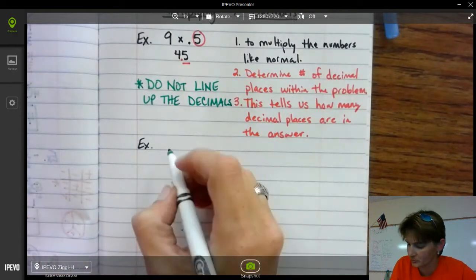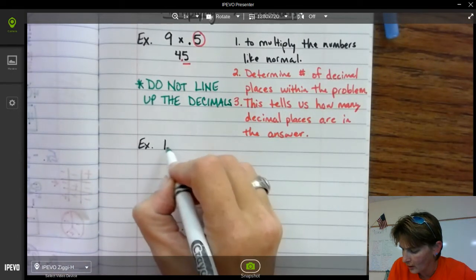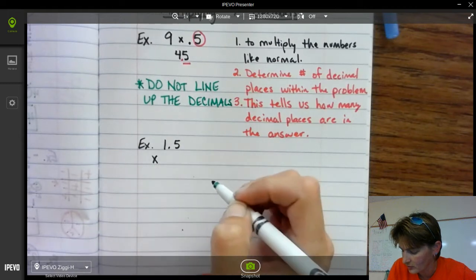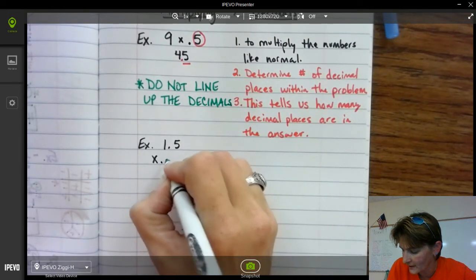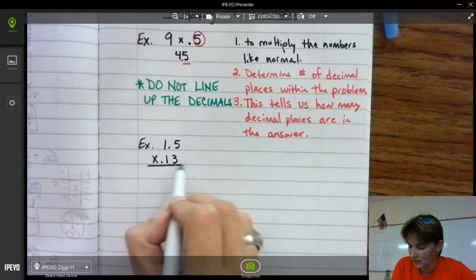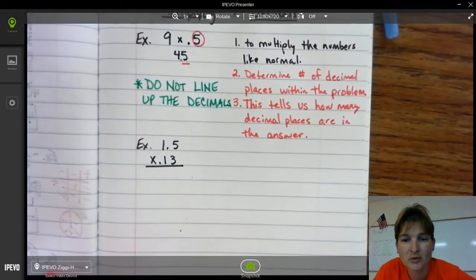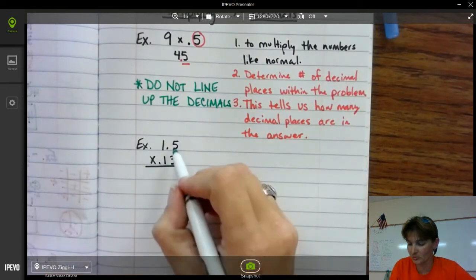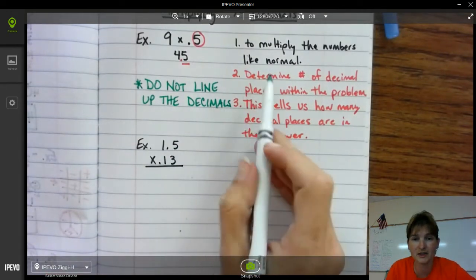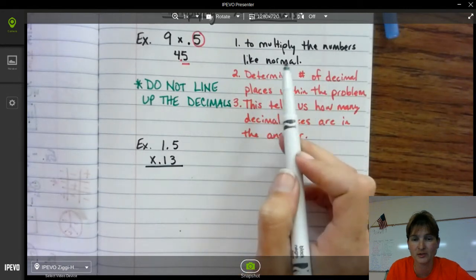So, excuse me, if we have 1.5 times 0.13, notice I'm not lining up the decimals. I'm just stacking my numbers so that I can do my multiplication, because again, the first step is to multiply the numbers like normal.